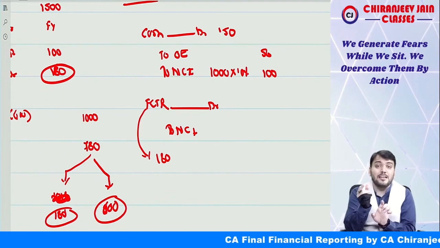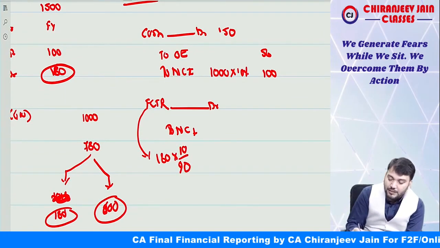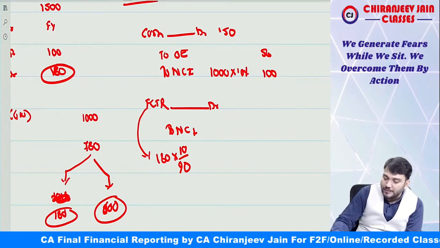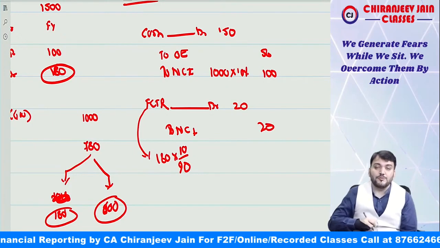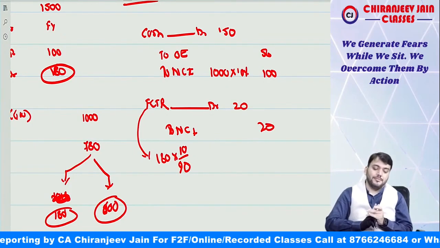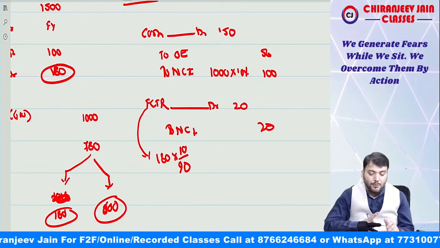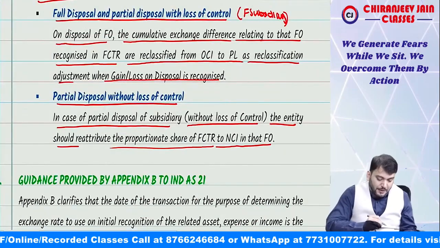Out of that, 10% will be transferred. So it will be 180 divided by 90 into 10. So 20 will be transferred to NCI. Have you understood this point? I hope you have understood. Yes, sir, we have understood.